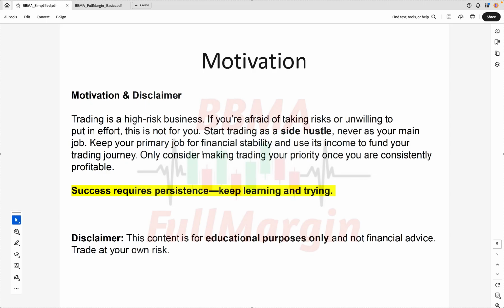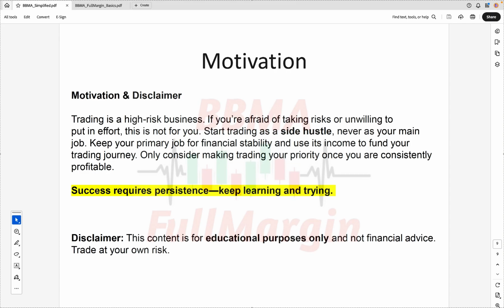If you go slow, you will learn very fast, and it will not take that long to learn. Only consider making trading your priority once you are consistently profitable.